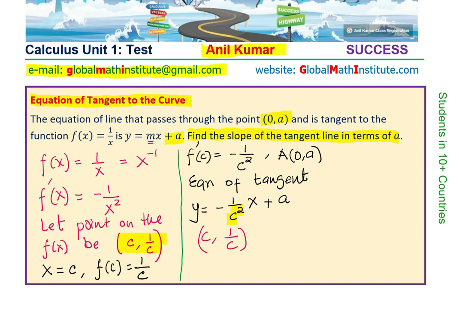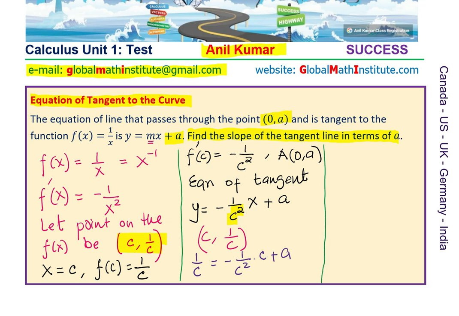So let's rewrite this. What we get is the y value of 1 over c equals minus 1 over c squared times the x value of c, plus a. So that is our equation. Now, simplifying, this is minus 1 over c, cancelling one of the c's.